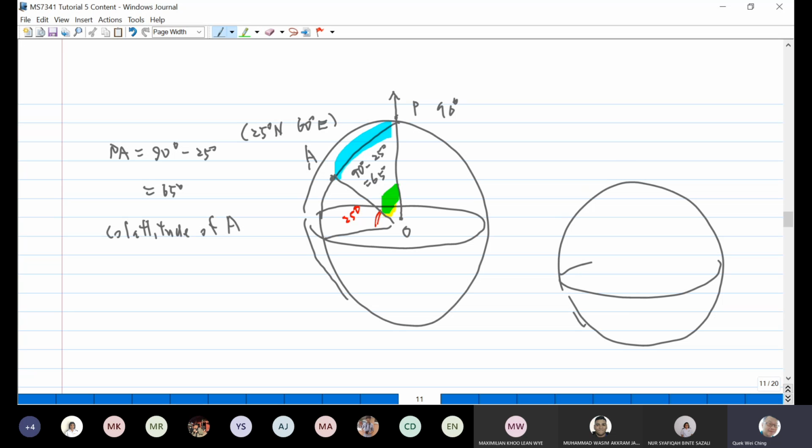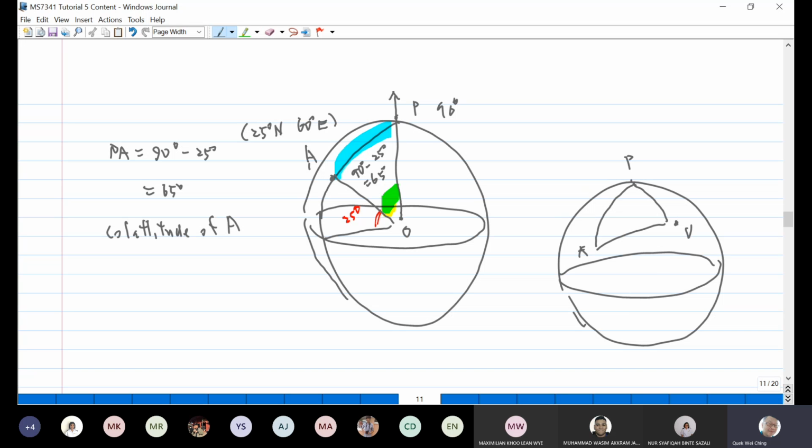The North Pole. Somewhere here is V, nearest to the North Pole. And then you have A somewhere here. Okay, this is a triangle.